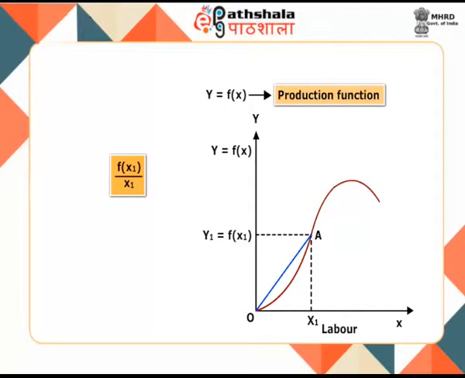Here, this ratio is represented by the slope of the chord OA passing through the points 0, 0 and x1, y1.